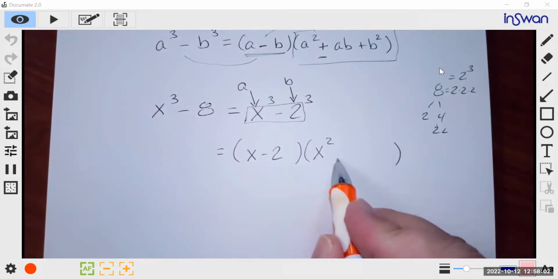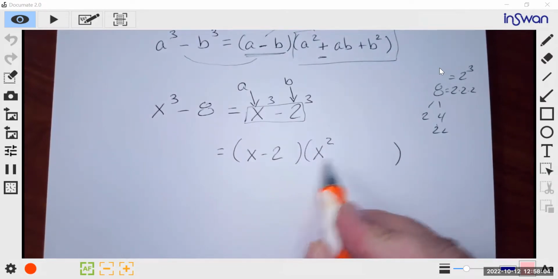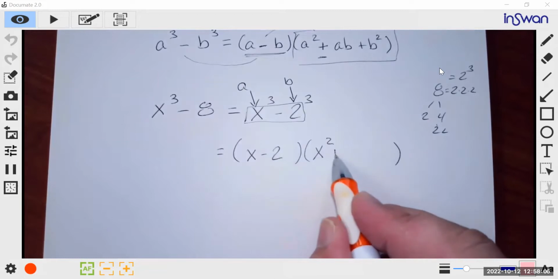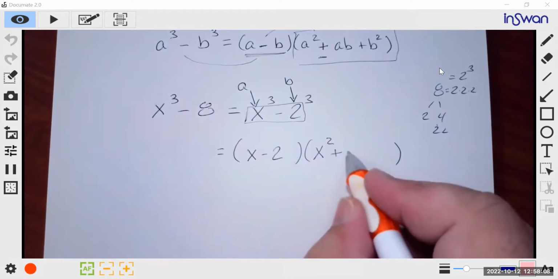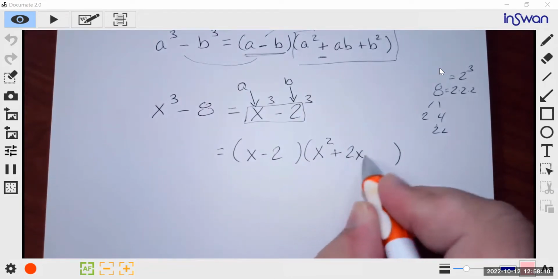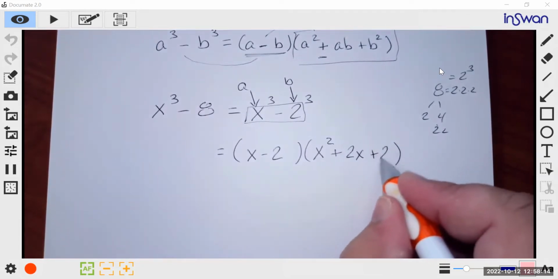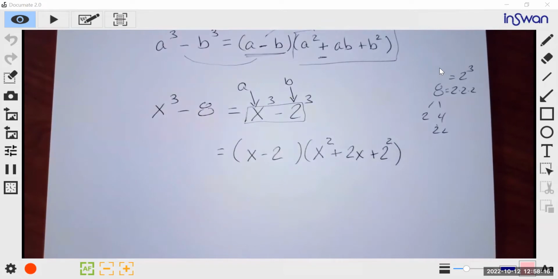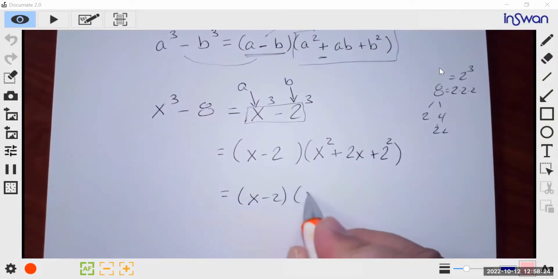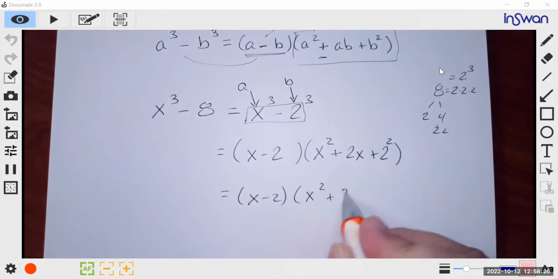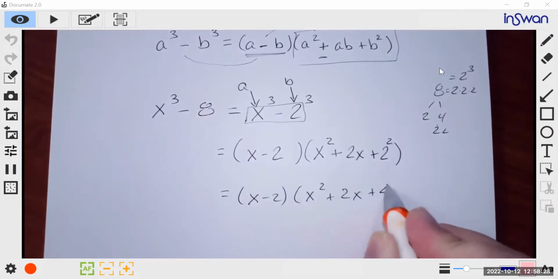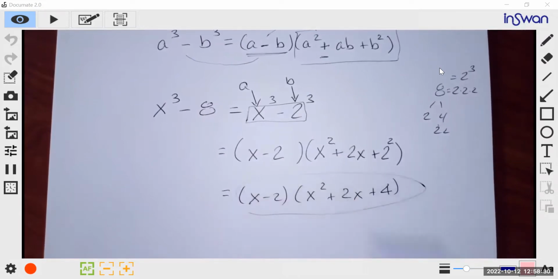What sign? It's the opposite of this one, so positive. 2x, because it's A and B, plus 2 squared. X squared plus 2x plus 4. And there's your factored form.